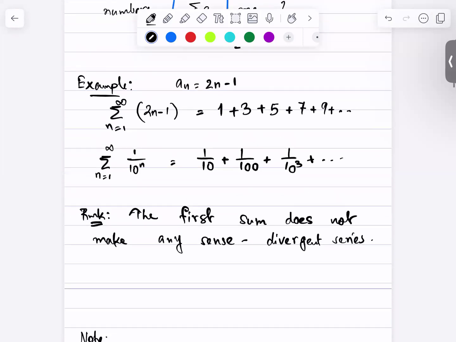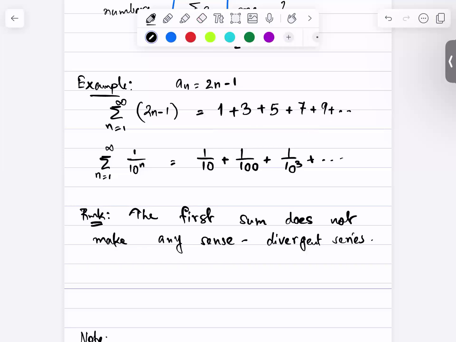Because if you just add all the odd numbers, 1, then 3, then 5, 7, 9, and so on, you go till infinity, then you will not reach anywhere. The sum will not be a finite number. And that's what we mean by a divergent series. And a divergent series kind of doesn't make any sense because the sum is not finite. We don't know what actually infinity is.